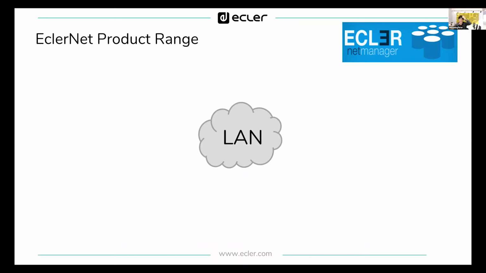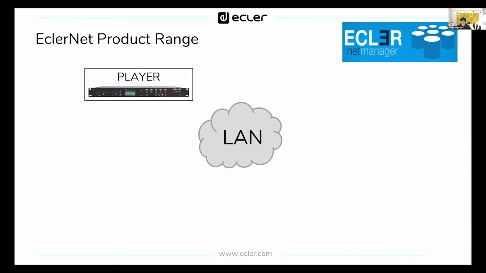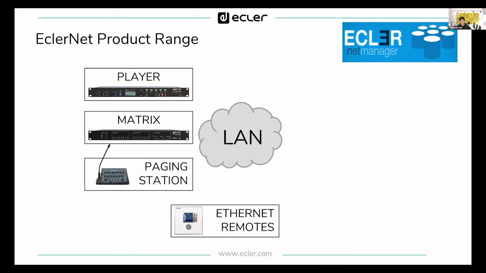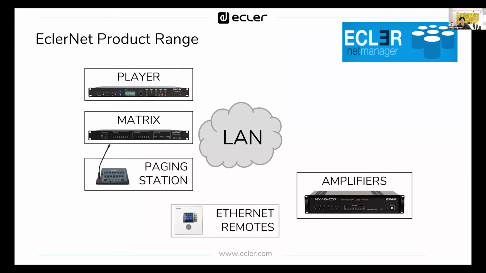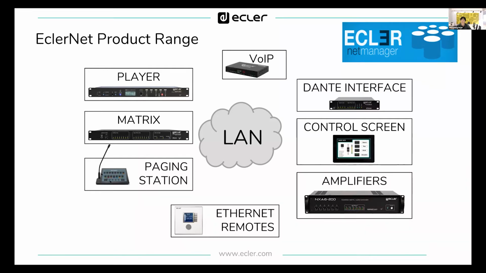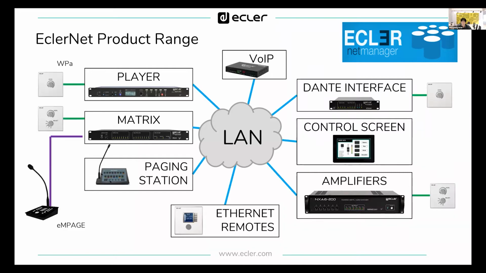Okay, so let's see the devices that we've got. We've got players, matrices, paging stations, Ethernet remotes, amplifiers, control screens, Dante interfaces, and video over IP interface devices. All of these devices are connected to the network, but we have also some peripherals, some remotes or accessories that we can connect to these devices.